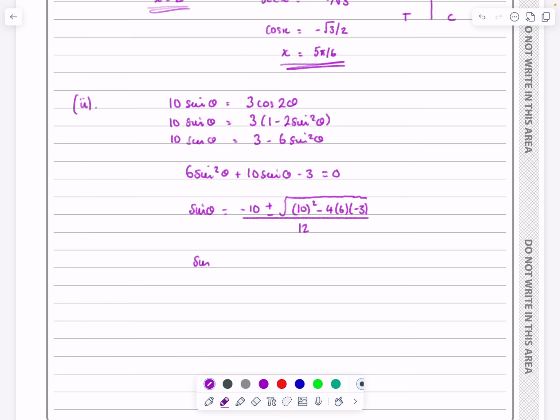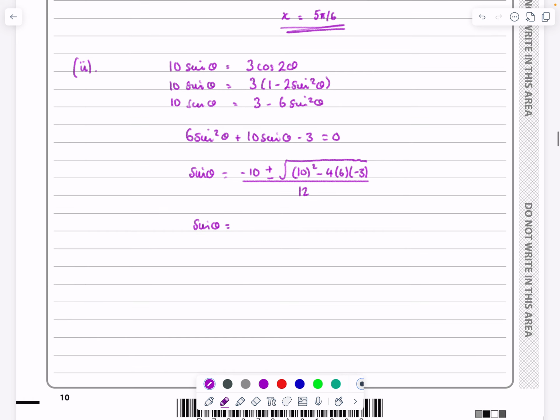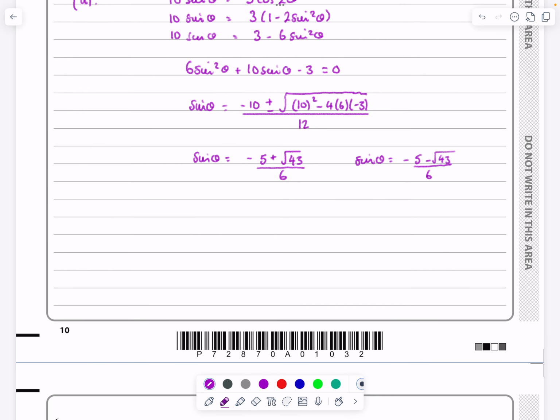That gives me that sine theta will work out to be, when we tidy it up, minus 5 plus or minus root 43 over 6. In fact, if I say sine theta equals minus 5 plus root 43 over 6 and sine theta equals minus 5 minus root 43 over 6, we're going to get theta works out to be equal to 15.0 degrees here, and then obviously 180 minus that, 165 degrees.